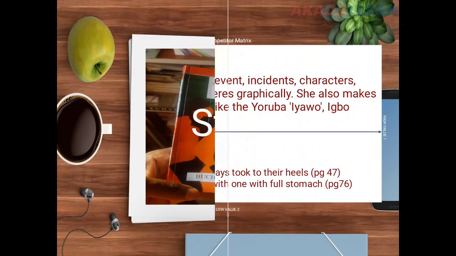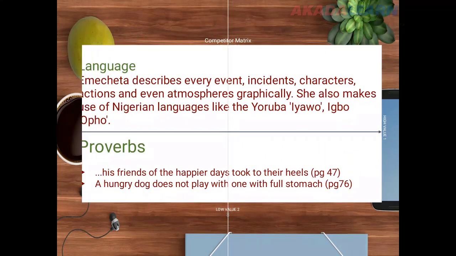The first one, we'll be looking at the language she used to write the book. Emecheta describes every event, incident, characters, actions, and even atmospheres graphically. When she describes the cold welcome when Ada first came into the United Kingdom, you see the way she described it to show you how cloudy and cold and gloomy the UK looked at the time Ada arrived. She also described every incident, the incident with Trudy, the incident with the landlords.